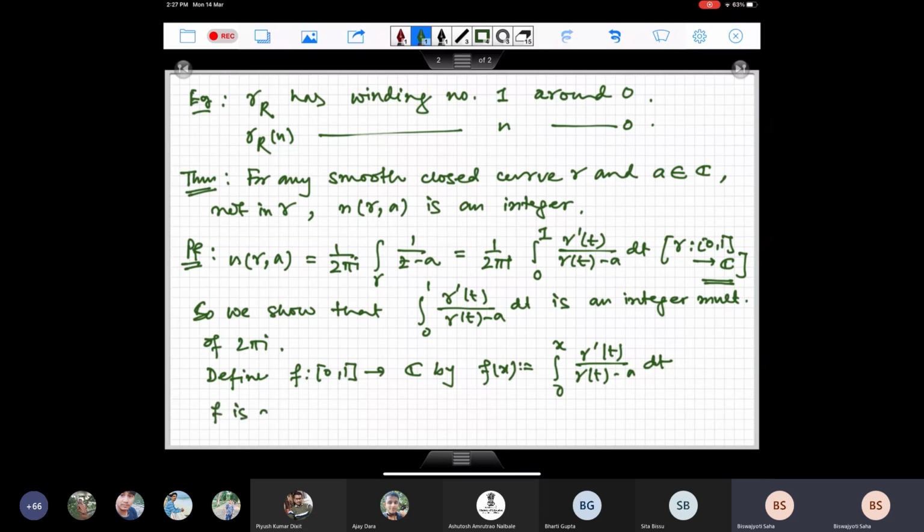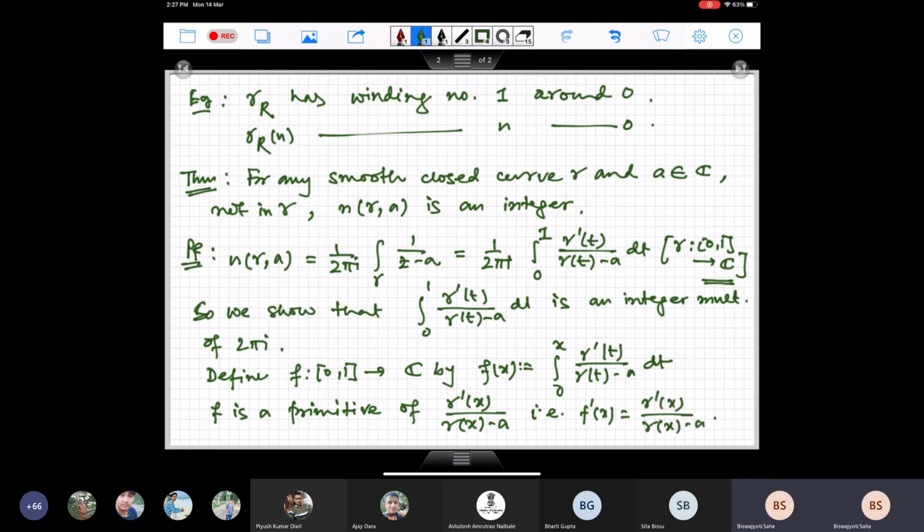So f is a primitive of gamma prime(x) divided by gamma(x) minus a. This is precisely what we have, and that means f prime(x) is equal to gamma prime(x) divided by gamma(x) minus a.